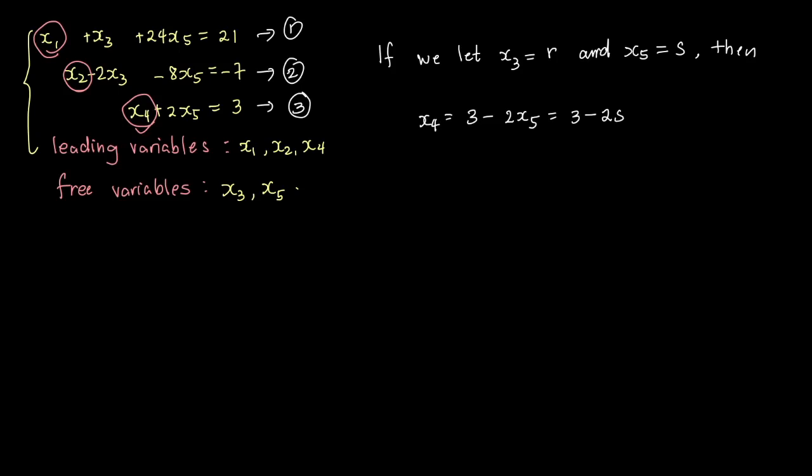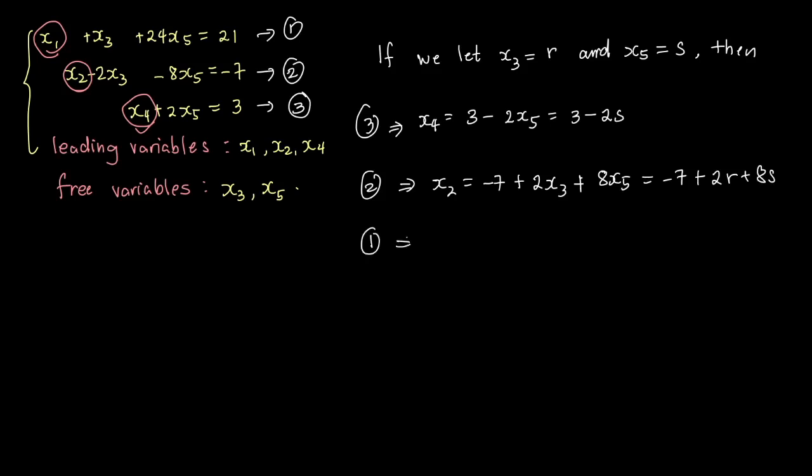Also, from the second equation, x sub 2 should be negative 7, plus 2x sub 3, plus 8x sub 5. We move terms from the right to the left or from the left to the right. So this can be written as minus 7 plus 2r plus 8s.